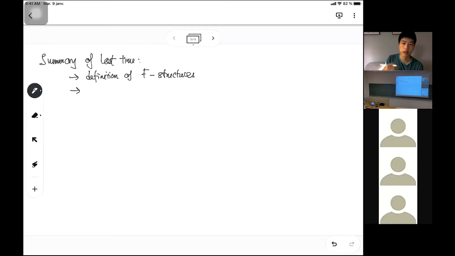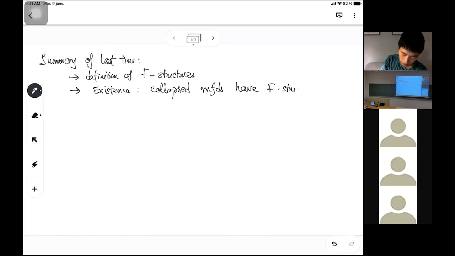And then we explained that collapsed manifolds do have F structures. So that's the existence part of a theorem of Cheeger and Gromov. So whenever you're sufficiently collapsed with bounded sectional curvature, then you have F structures that are non-trivial, positive rank.